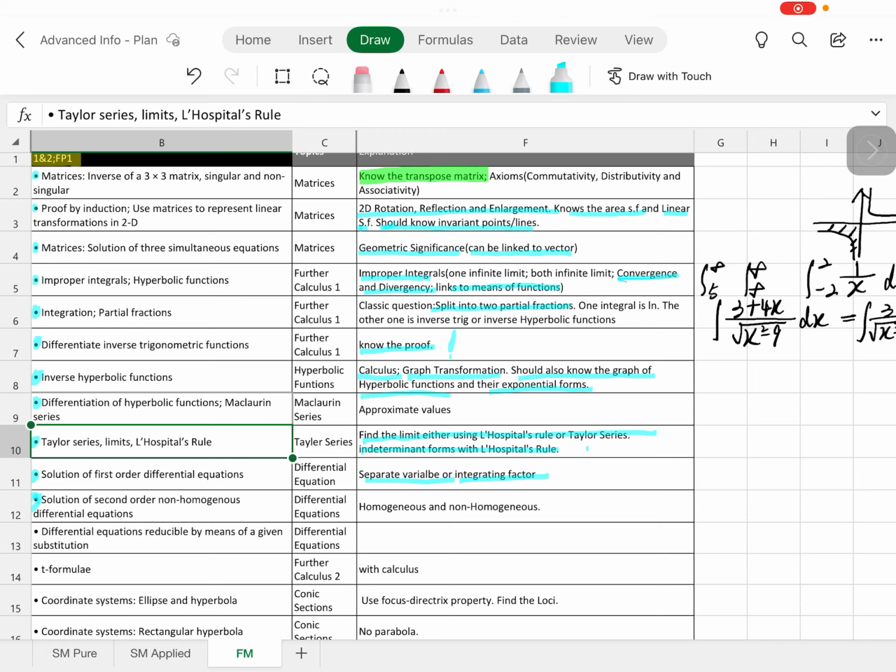Yes, and another type can link with Taylor series. So I would draw an arrow from here to here. I can use Taylor series to approximate the answer of differential equations. The next one is reducible differential equations using substitution.